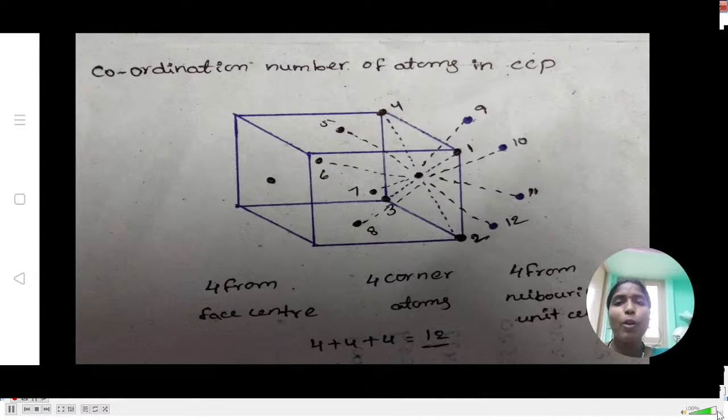This is the coordination number of the cubic closed packed structure. So here 4 corner atoms are present, 4 neighboring atoms are present, and 4 face center atoms are present. Totally we get coordination number 12. That means each face center has 12 neighboring atoms present in the closed packed structure.